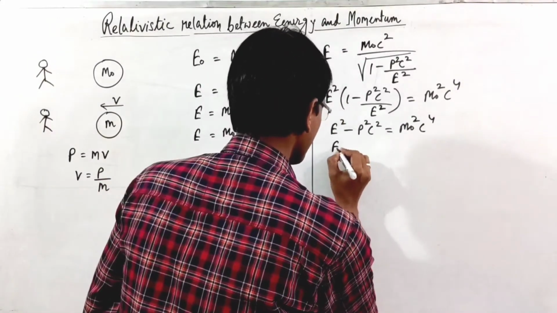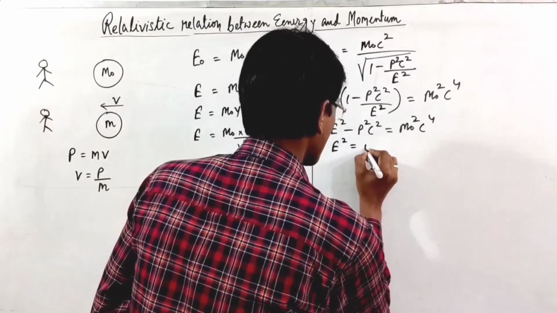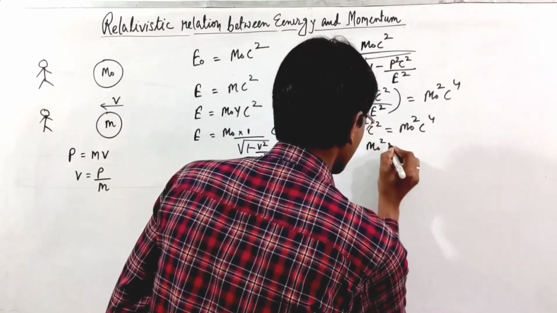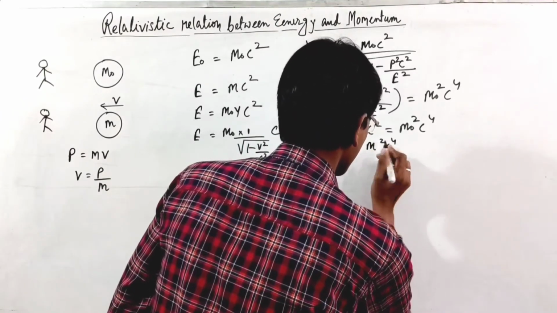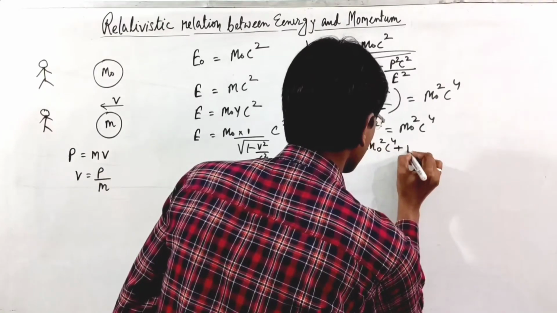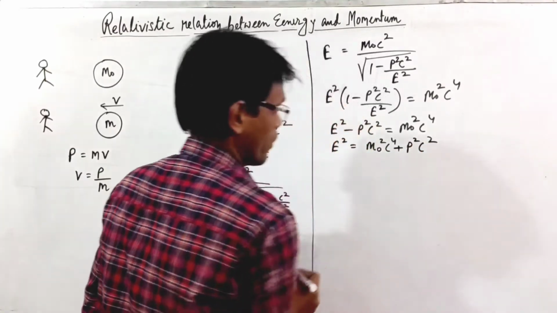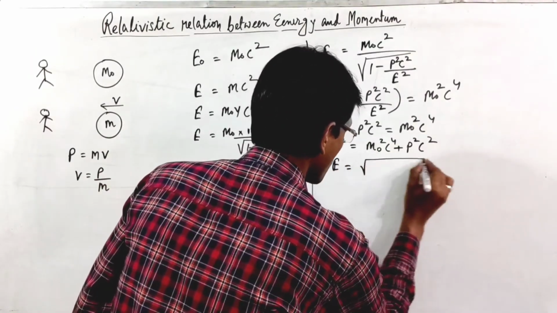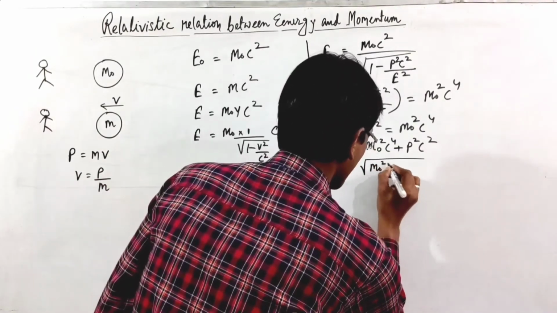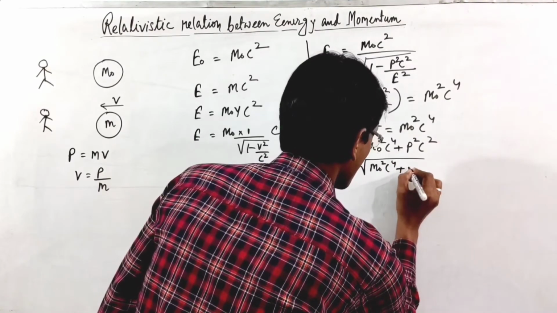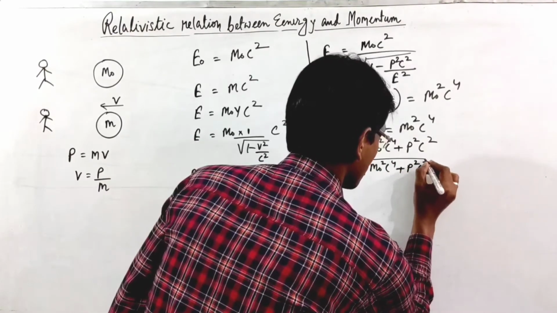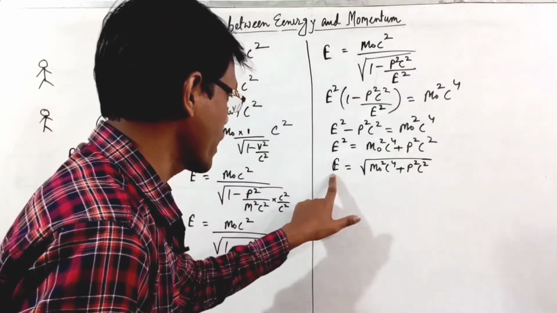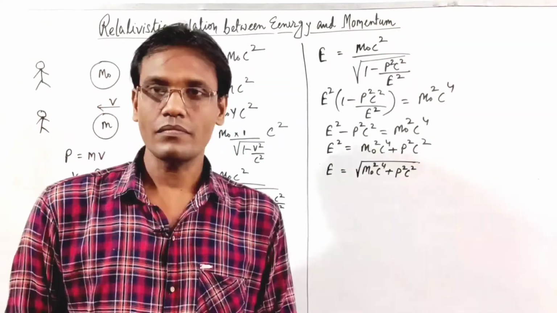Then E square equal to m0 square c to the power 4 plus p square c square. Now E equal to under root of m0 square c to the power 4 plus p square c square. This is the relation between momentum and total energy of a particle.